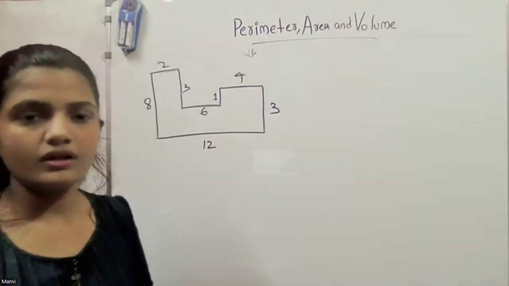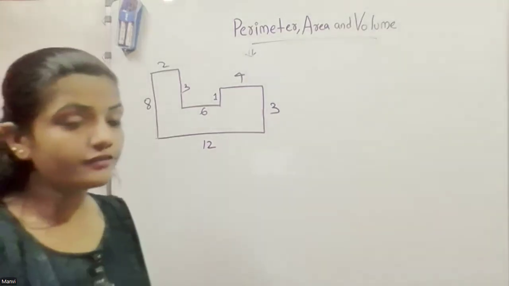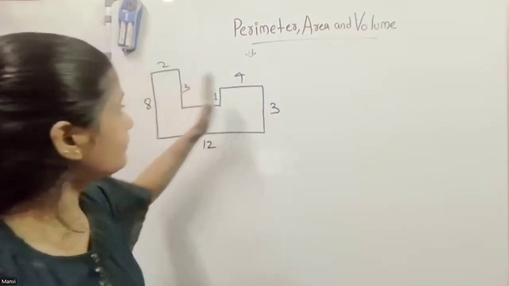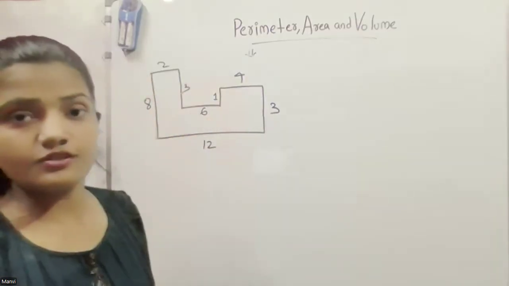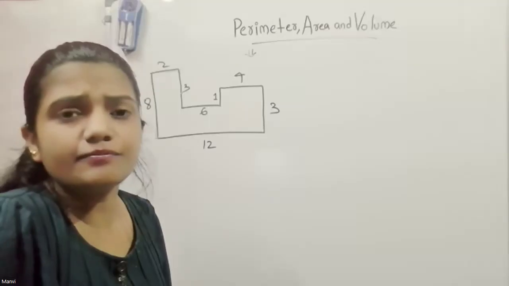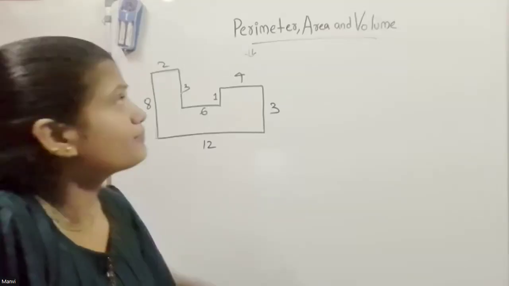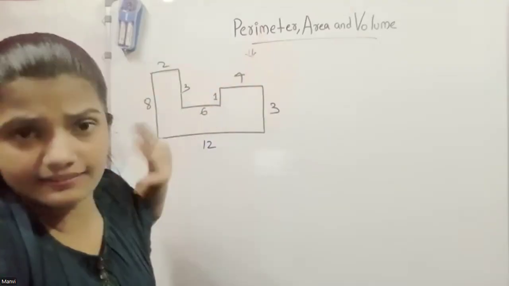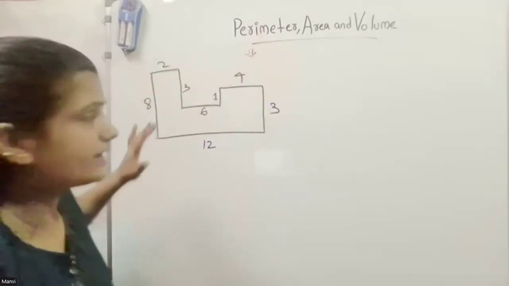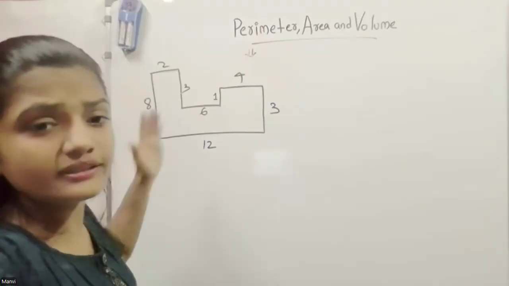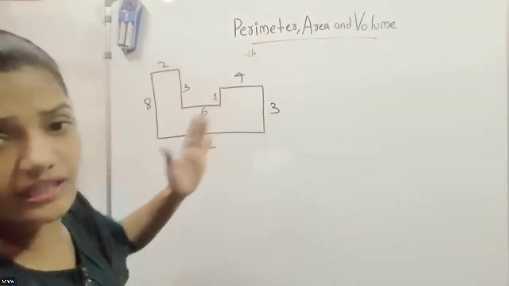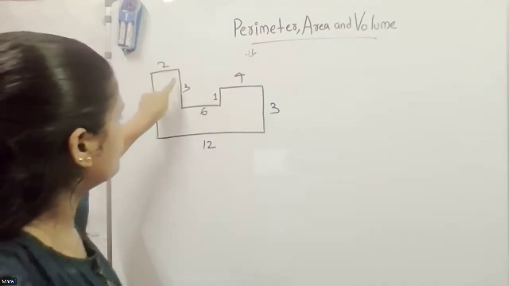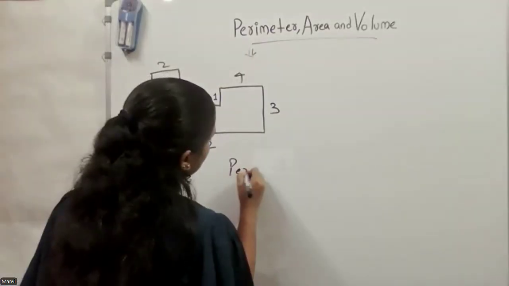Now, if I ask you to calculate the perimeter of this shape, in a simpler way we can just say perimeter is the sum of all outside lengths. So I need to add up all the outside lengths.